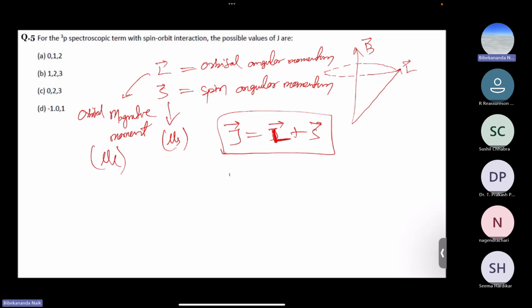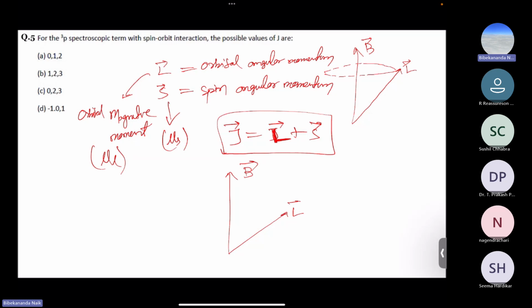If this is B, then this is the L vector, and this L and S is around the total angular momentum J vector, and this J vector undergoes Larmor precession around the magnetic field.